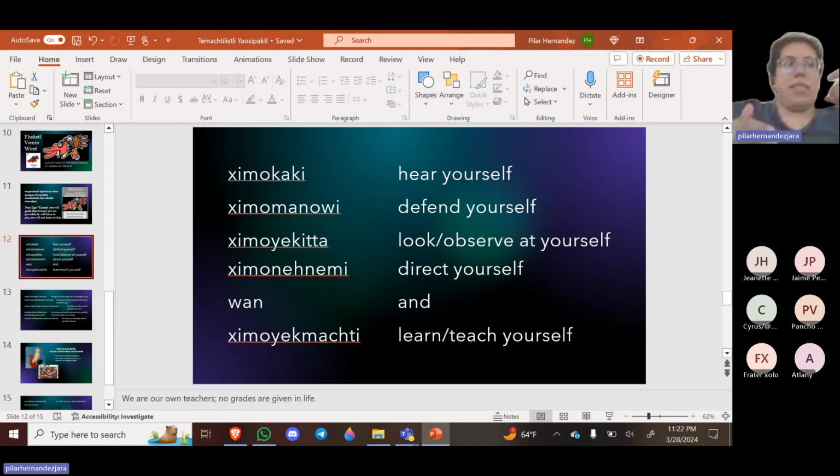to affect negatively, to project negatively onto your situations and onto other people and your environment. And so yeah, when I look at this prayer, the Shimokaki, hear yourself, hear what your ego wants, hear what you really want. Defend yourself, defend what you believe in.